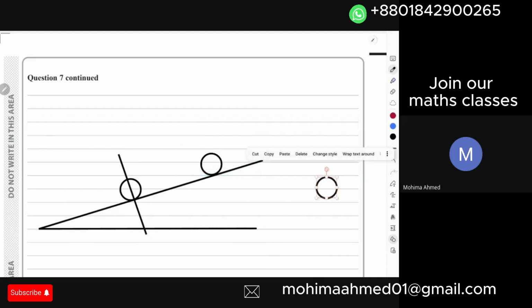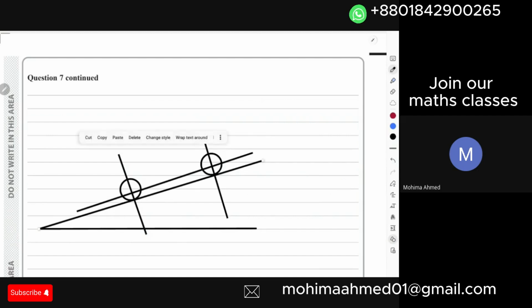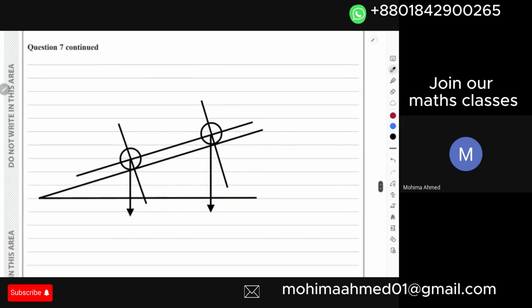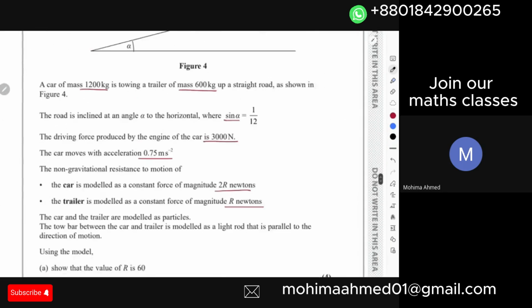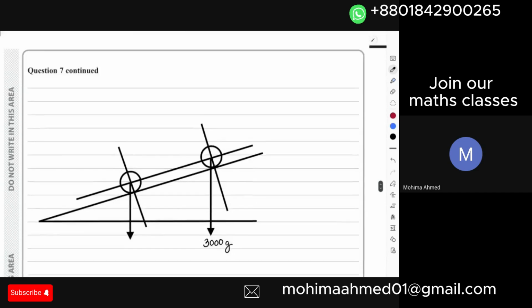Then this is another vertical plane of the car, horizontal plane of the trailer and car, and they are obviously connected with a tow bar. We'll draw that also. And this is for the weight of the car or the weight of the trailer. Okay, so this is your 3000 G, oh wait, maybe I'm making a mistake. One minute. 1200, it's 600, sorry.